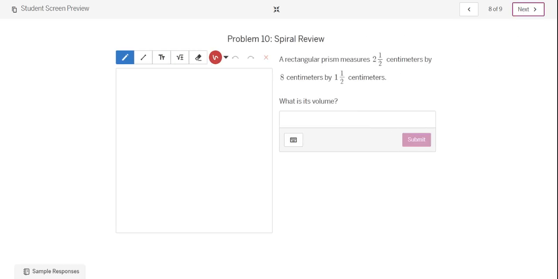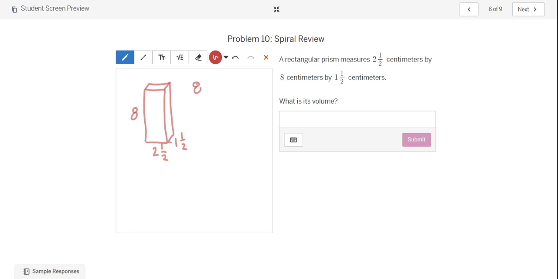Rectangular prism is 2.5 centimeters by 8 centimeters by 1.5. So I'm looking at a rectangular prism like this. I've got 2.5 by 8 by 1.5. Multiply all that together to find the volume.